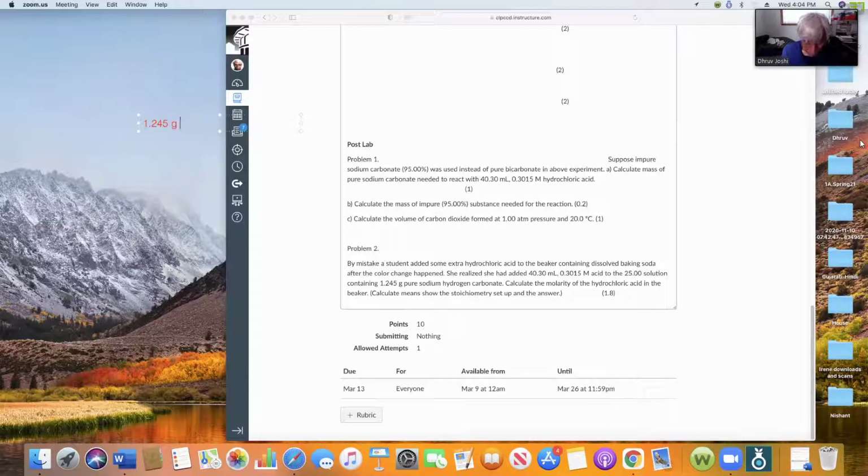1.245 grams of SHC equals how many moles of HCl? I got 0.01482, but I don't think that's correct.